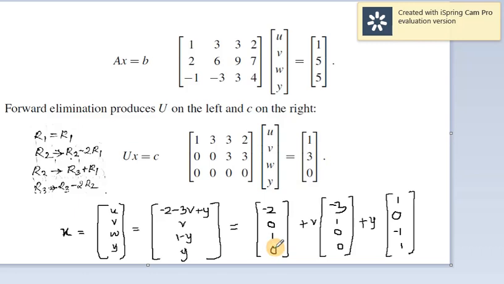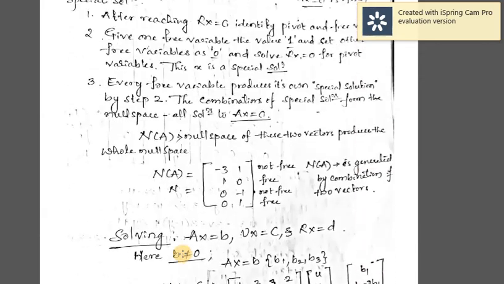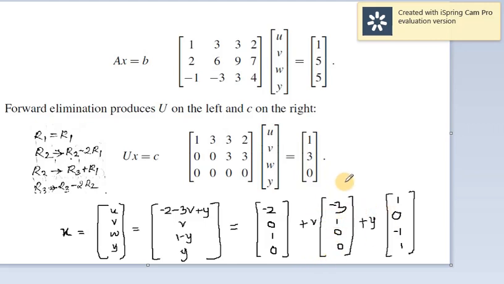Now as we can compare from the last example, minus 3, 1, 0, 0 and 1, 0, minus 1, 1 are nothing but the null spaces of RA as we have solved them, and we have that solution. So these are the null spaces.